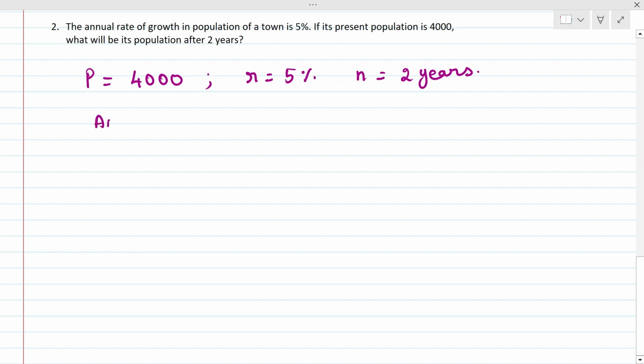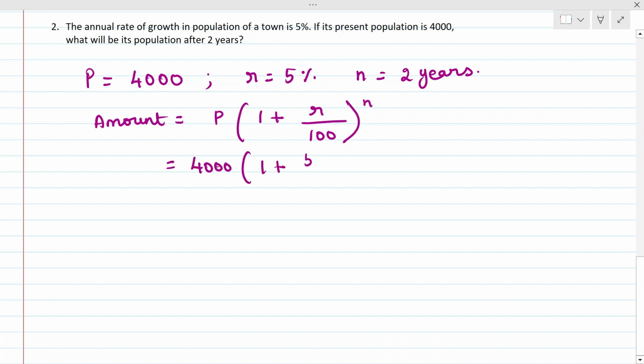So the amount formula: amount equals P into (1 plus R by 100) the whole power N. Every time you do problems, you have to write the formula and only then proceed. So now P equals 4000 here, 1 plus R equals 5 by 100, and the whole power 2 because you have 2 years. Now when we simplify, we can cut this 5 and 100; 5 goes into 100 twenty times.